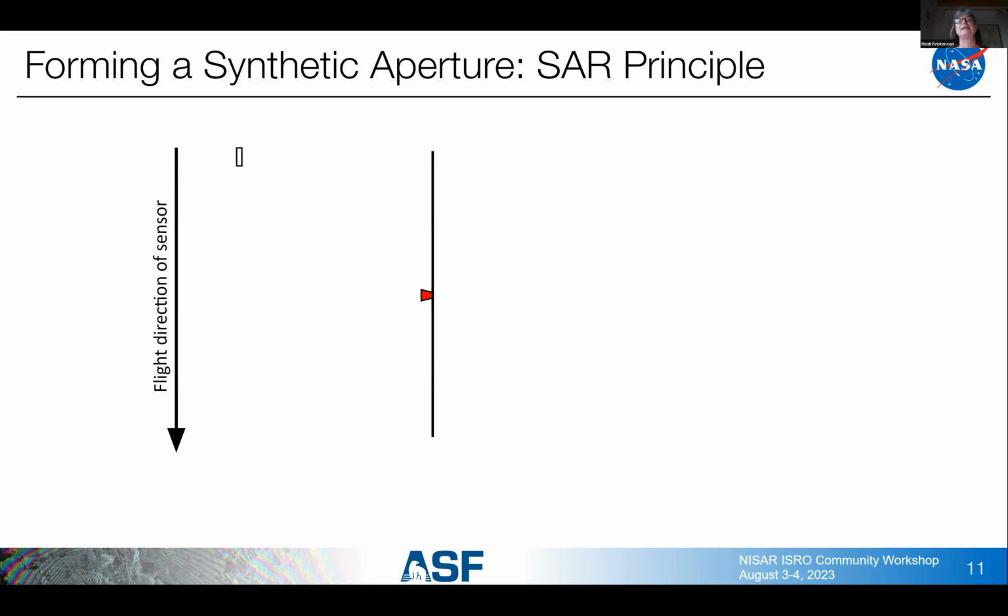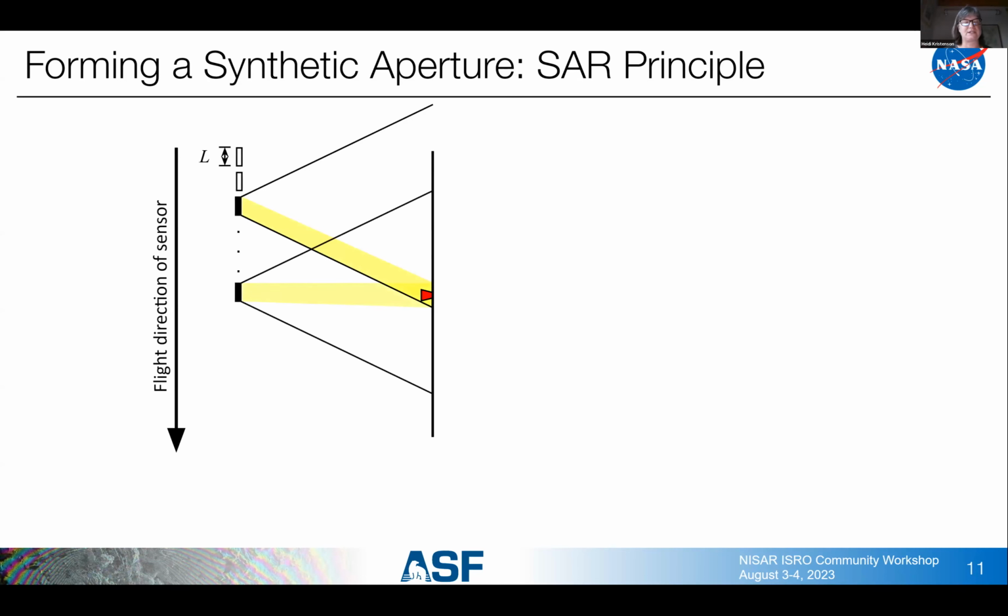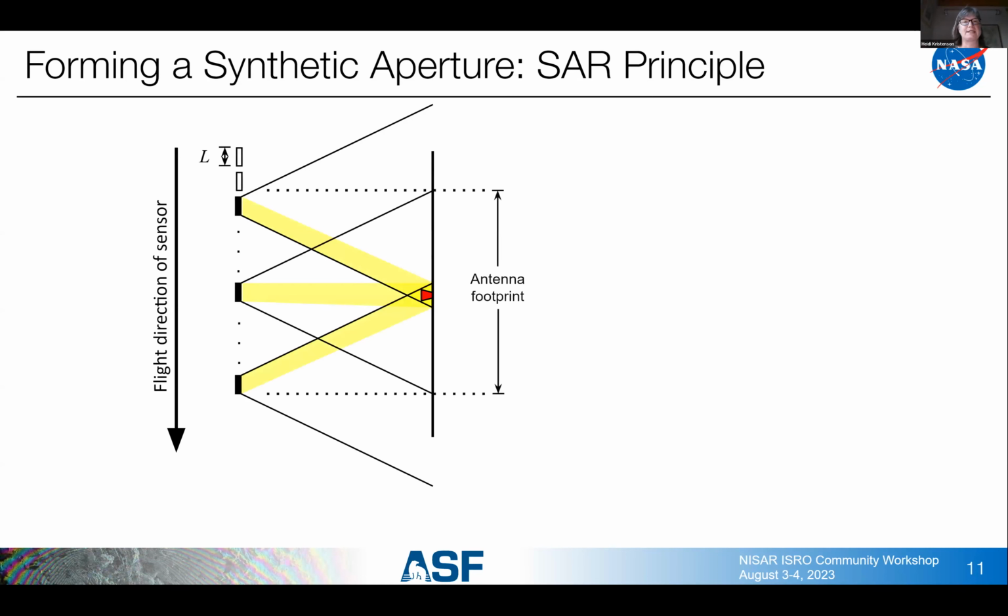So to get around that, synthetic aperture radar uses the motion of the sensor as a proxy for a longer antenna. So you're collecting images, the sensor is flying along and collecting a series of images, each with a very wide footprint. You've got that very low resolution. But as it collects data, there are objects on the Earth's surface that will be present in multiple of these adjacent acquisitions.